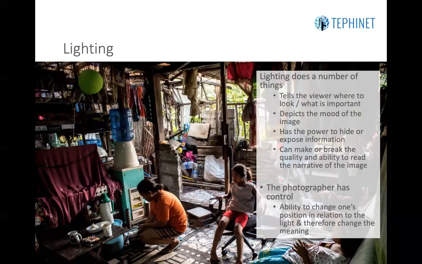It has the power to hide and expose information, and it can make or break the quality and the ability to read the image. Most importantly, though, the photographer has control of the lighting, within reason. The photographer always has the ability to change their position in relation to the light and therefore change its meaning.